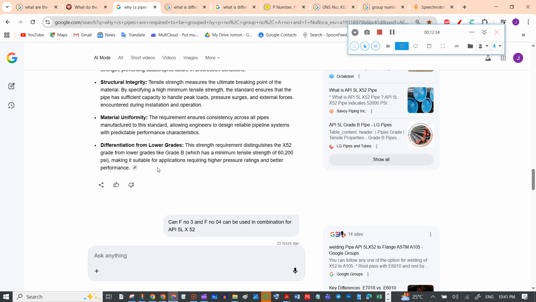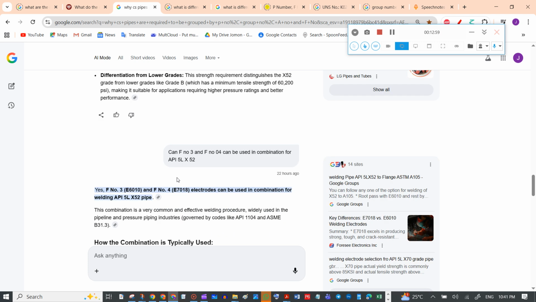Material uniformity: this ensures consistency across all pipes manufactured to this standard, allowing engineers to design reliable pipe systems. Differentiation from lower grades: this strength requirement distinguishes X52 from lower grades like Grade B, which has a minimum tensile strength of 60,200 psi, making X52 suitable for applications requiring higher pressure ratings and better performance.